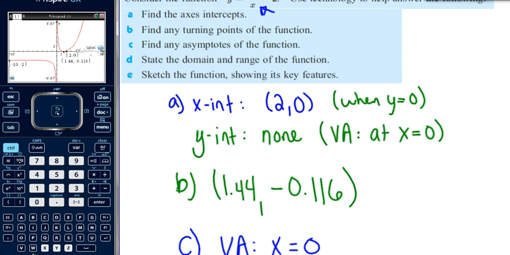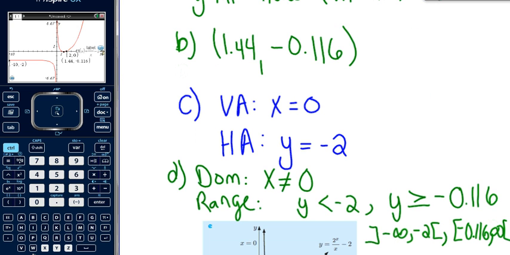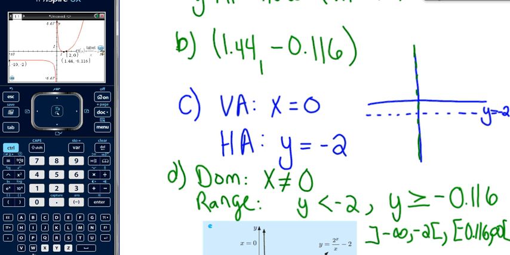And sketching the function, so showing its key features, you would just simply sketch this graph. We could do that quickly. So showing its key features, we'd show that we have a horizontal asymptote at y equals -2. We have a vertical asymptote at x equals 0. It's important to label those.